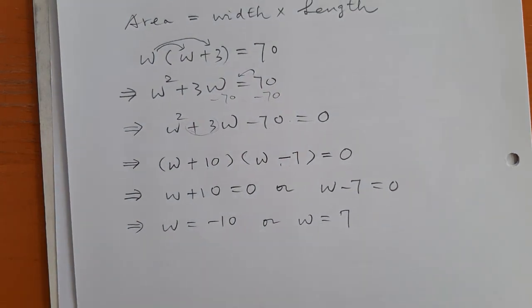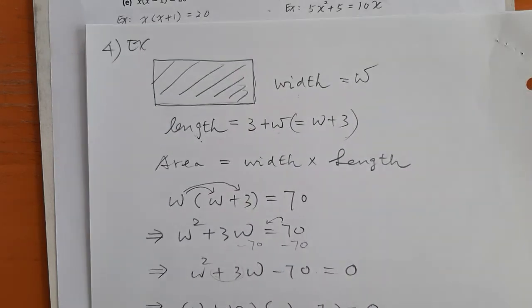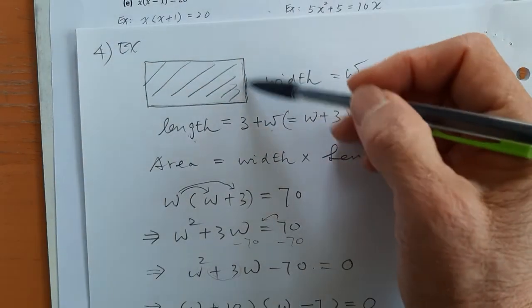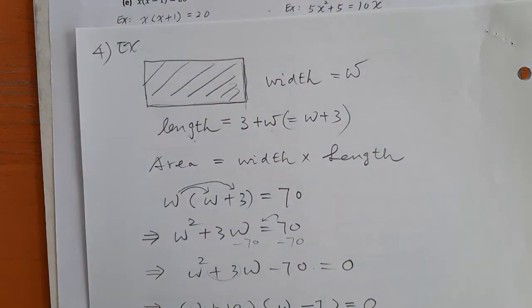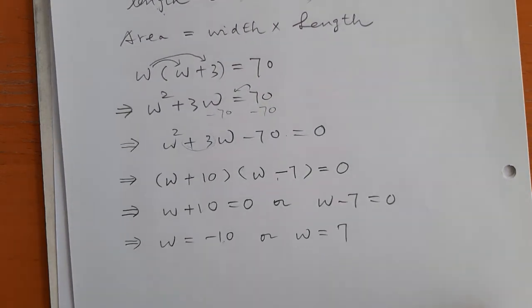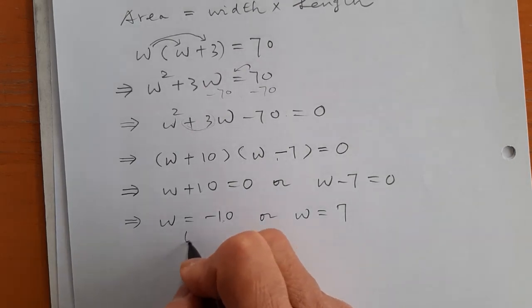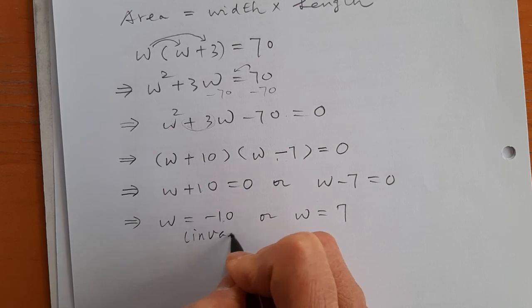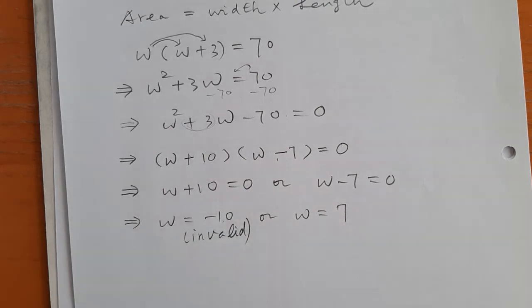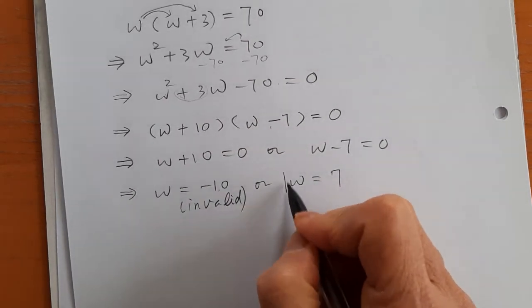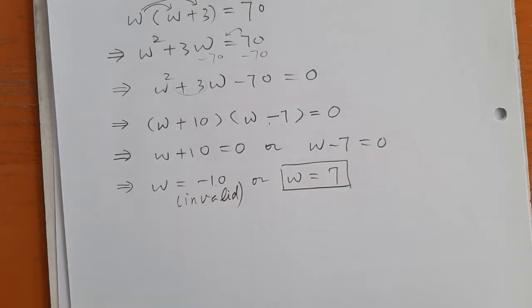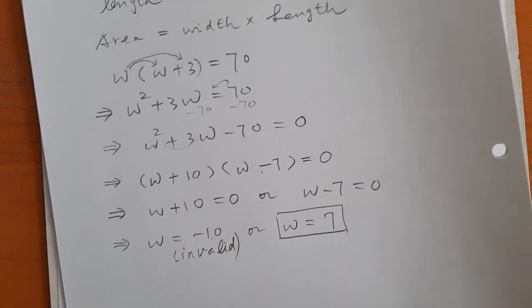And since W is the width of a rectangle, a negative number of meters is impossible, so negative 10 is invalid. It's not the answer. So positive 7 meters is the width.